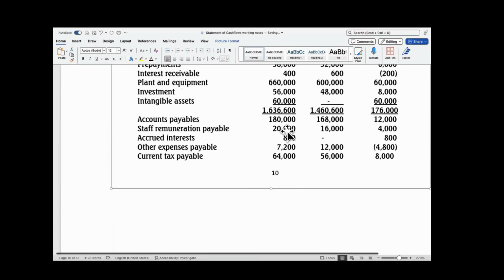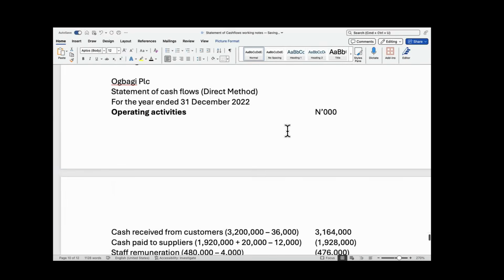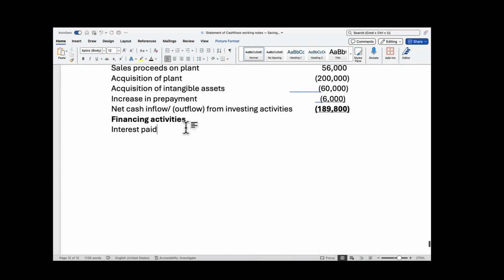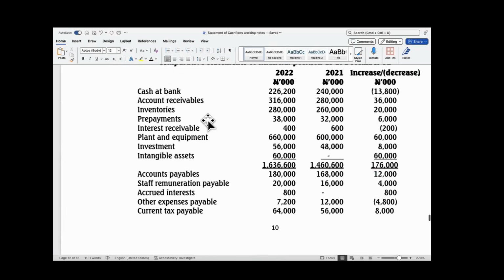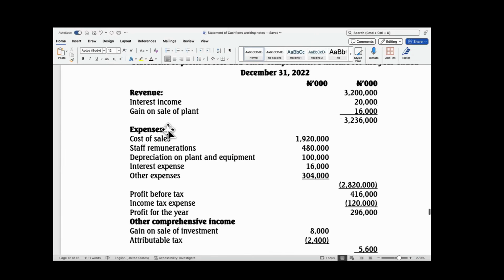Out of this 16,000, I'm owing 800. So 16,000 minus 800, that's an outflow of 15,200. So I've paid only 15,200. So I've dealt with that interest expense.